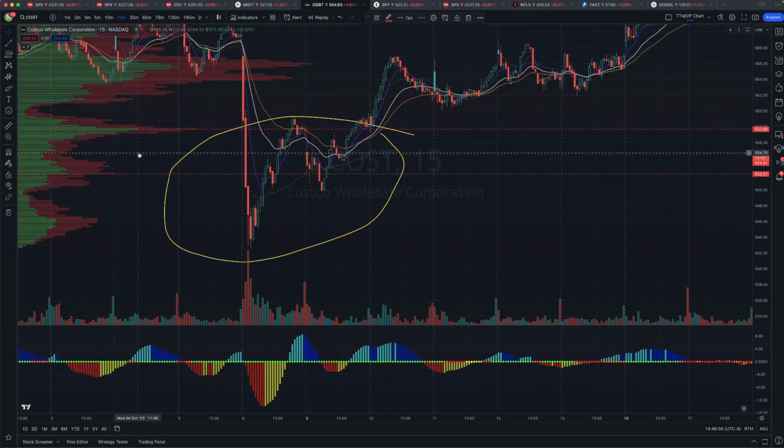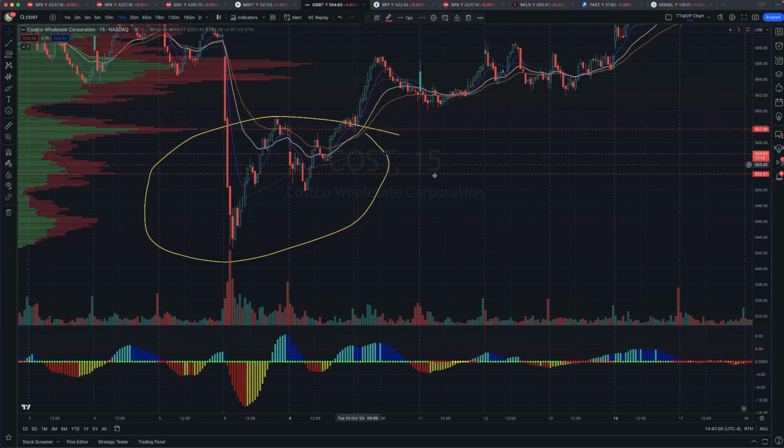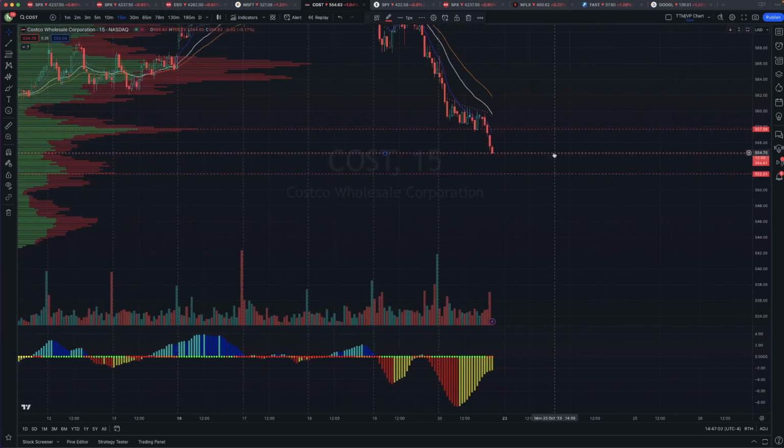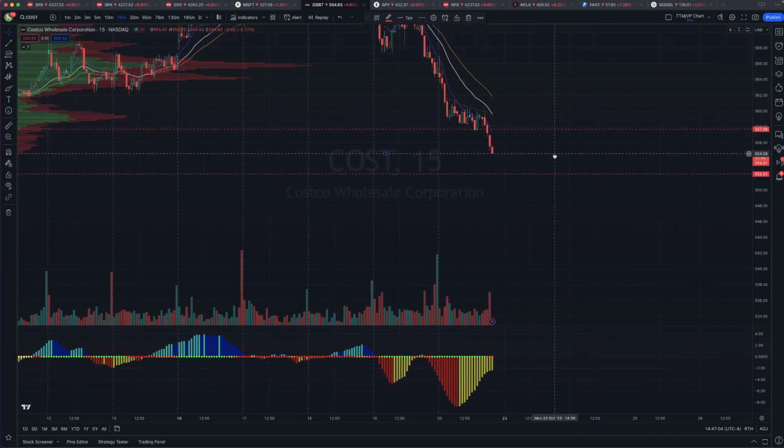So that's the value area low, right? For this pattern up here. So that could be a support level, but I'm guessing this will probably be more of a larger support level. So I'm going to come in here and make it a little darker.